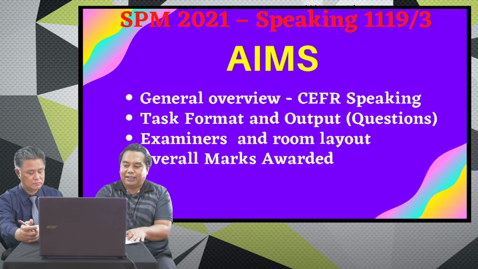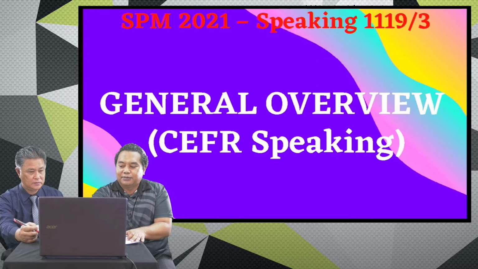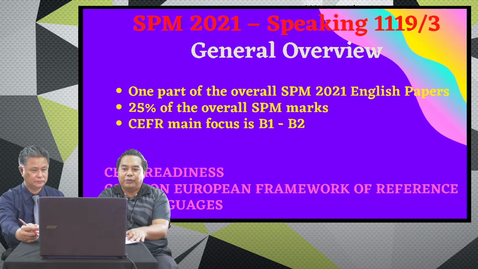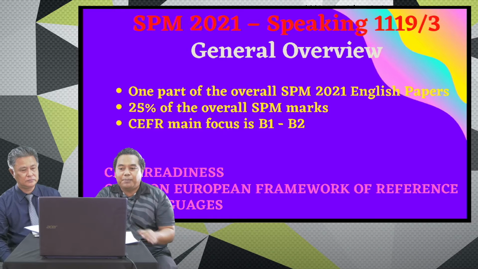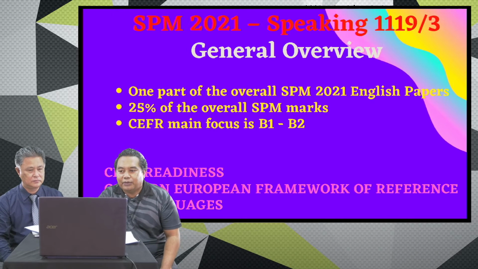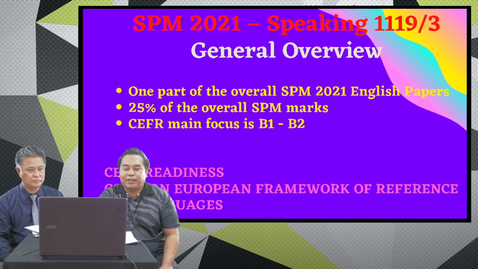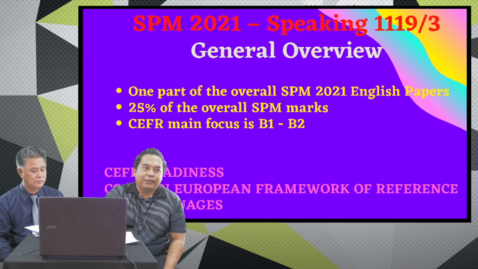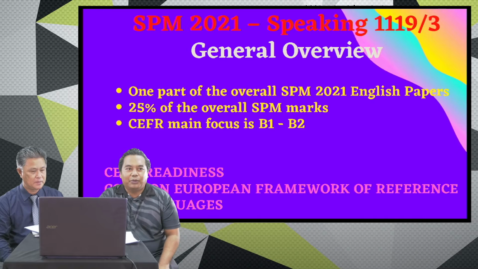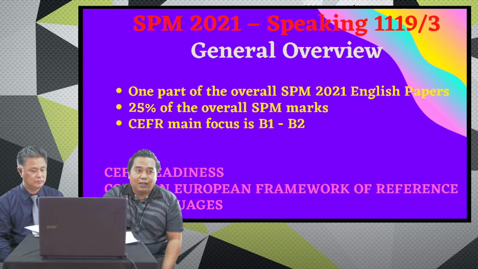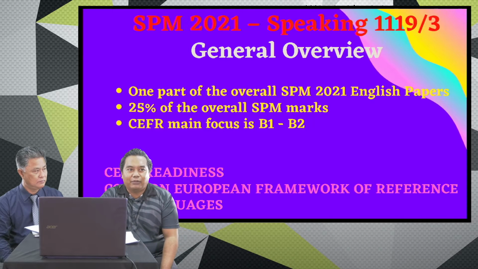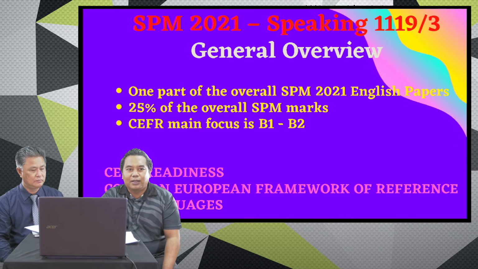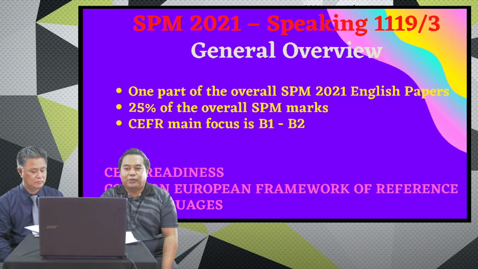We are going to look at that later. Okay, general overview. This is one part of the overall SPM 2021 English papers. The difference is that there will be 4 parts of the SPM paper this year. Before this, we only tested reading and writing, and this year we are going to test speaking and listening also.